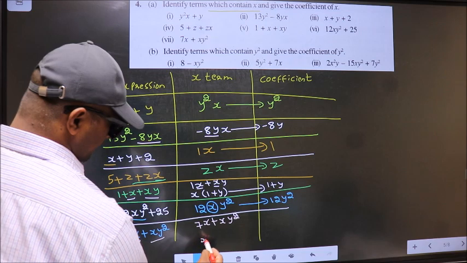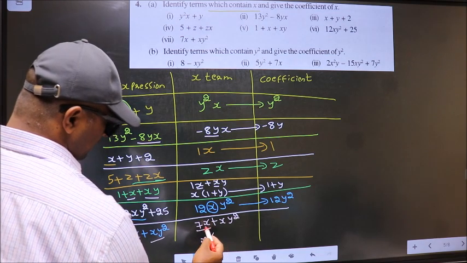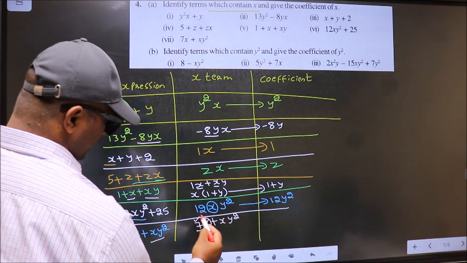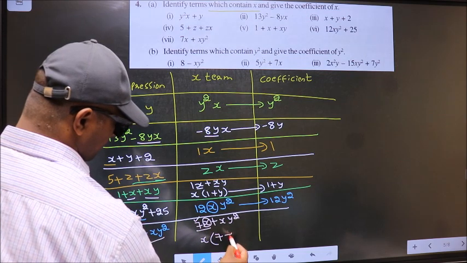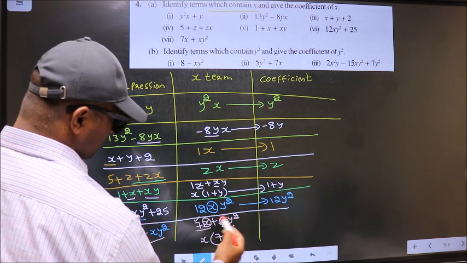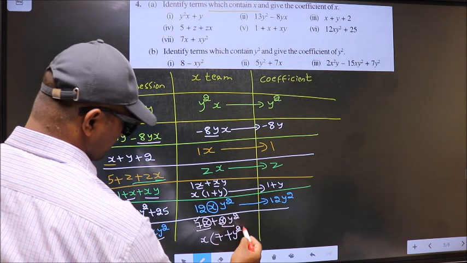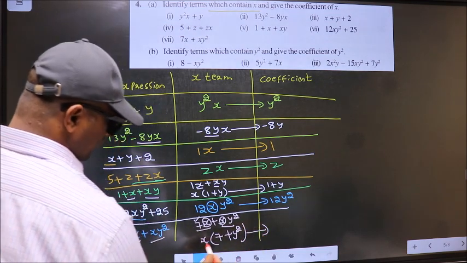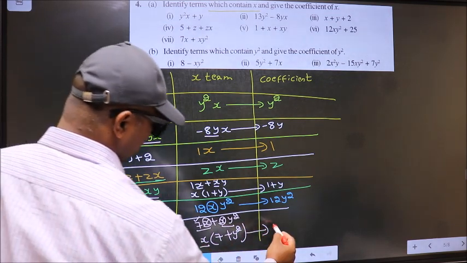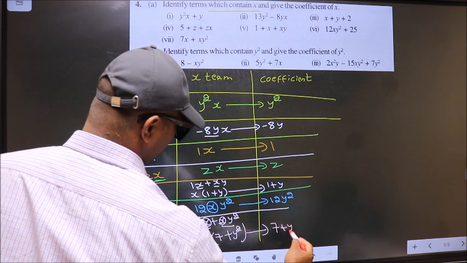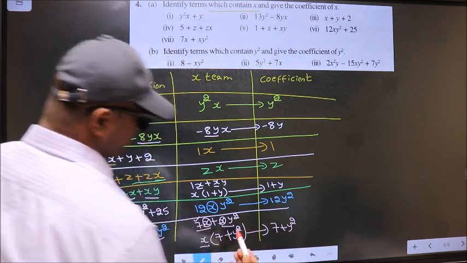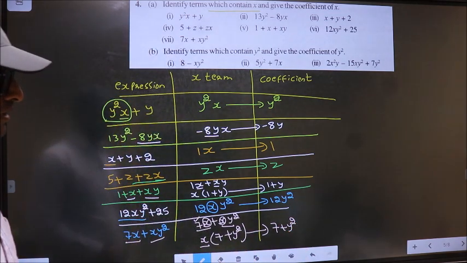Now we should take x common. So from this, x out, you are left with 7. Plus here also x out, you are left with y square. So the coefficient is, leaving x, whatever you have, write that. So this is the coefficient for this one.